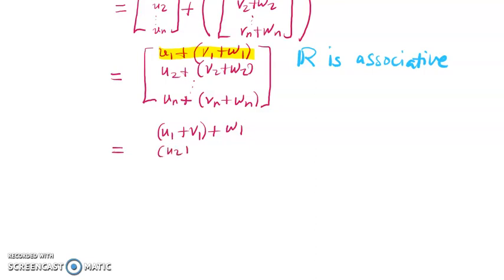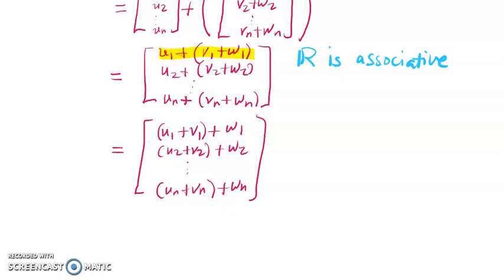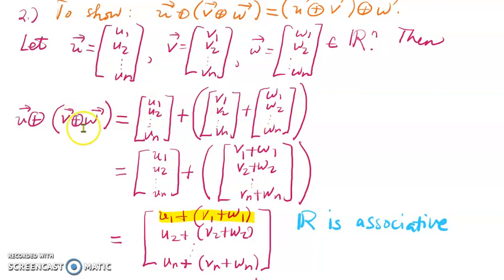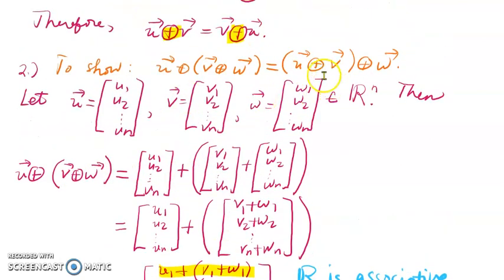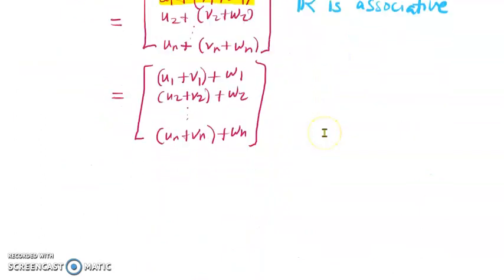So u2 plus v2 plus w2 up to un plus vn plus wn. Take note that our goal is to show this one, so we are near to that.